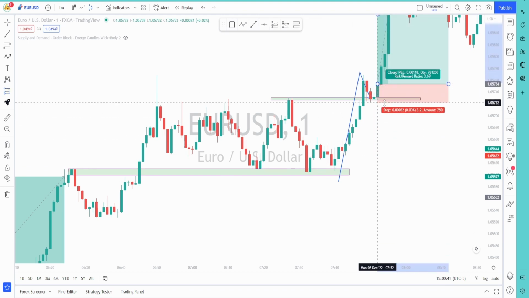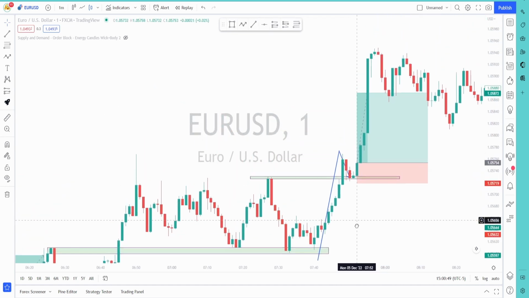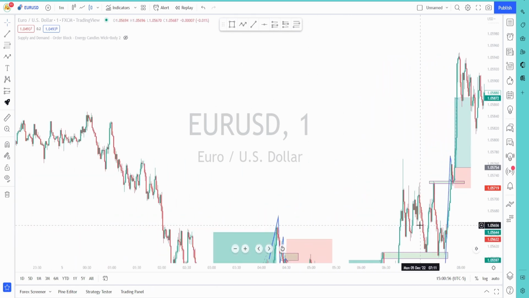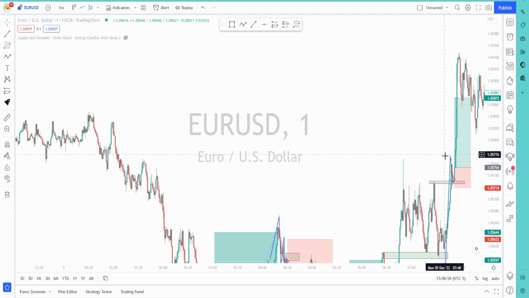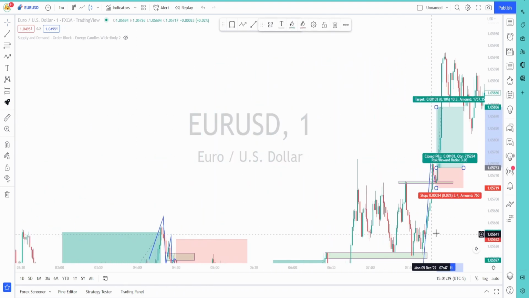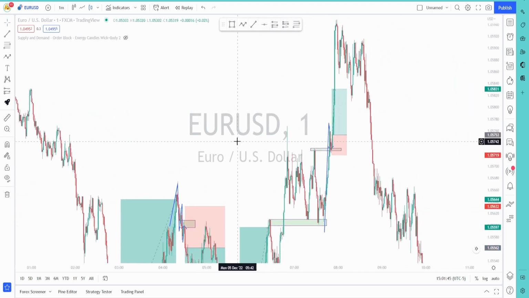And at this point, you're not going to put your stop loss down here. That's too far away. So you might just aim for this one. And when you're trying to find where to put your take profit, well, if we run this across back here, we can see just on the close of that candle. Okay, so say we target the high there.